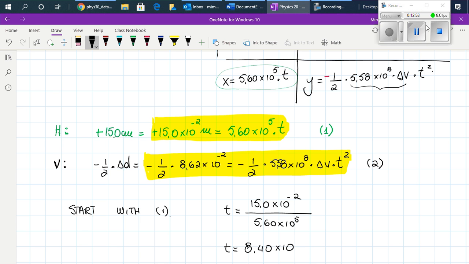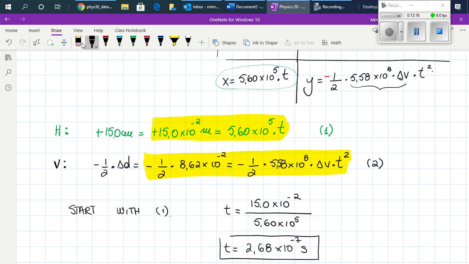Sorry, no, something is wrong in my calculations. Instead of dividing, I had multiplying. So the time is 2.68 times 10 to the power of negative 7 seconds.